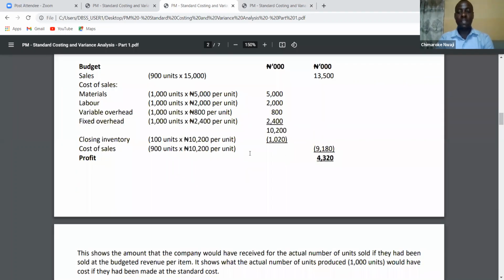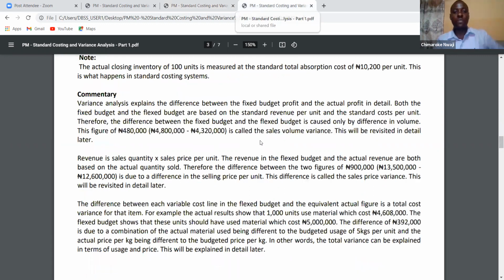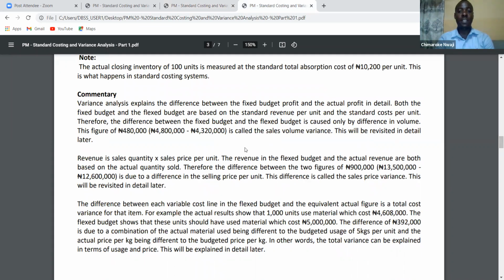So the difference here between the fixed revenue here and the flexed revenue is caused by volume. That is what we call sales volume variance.